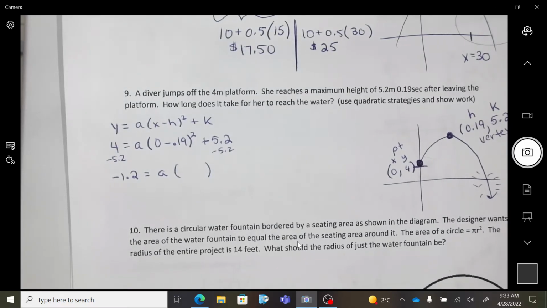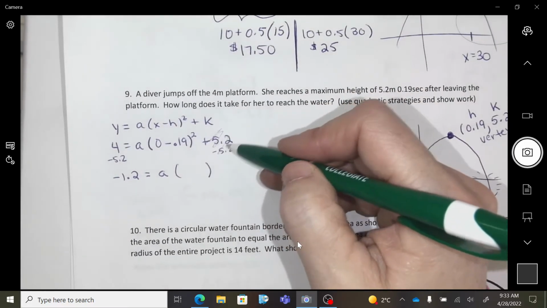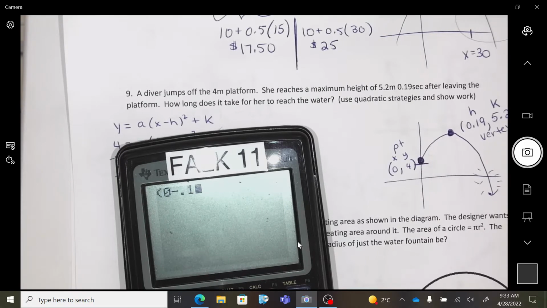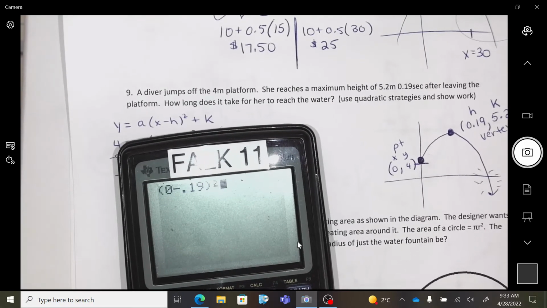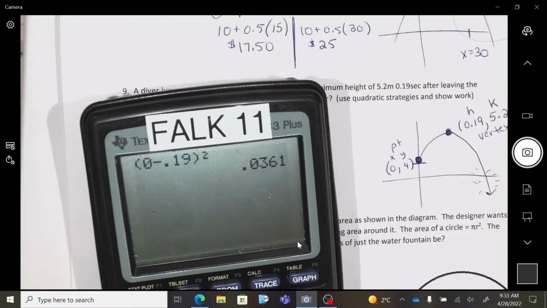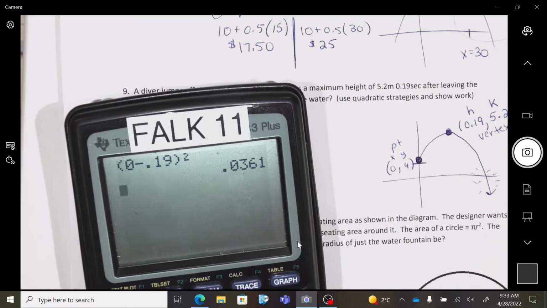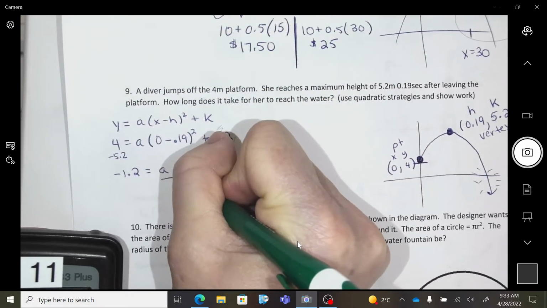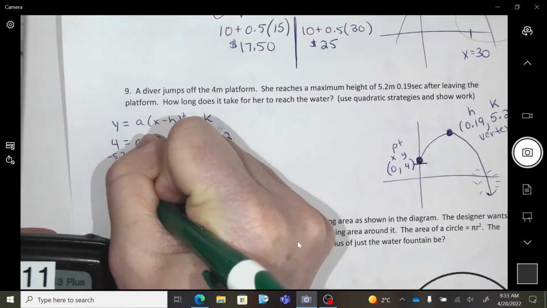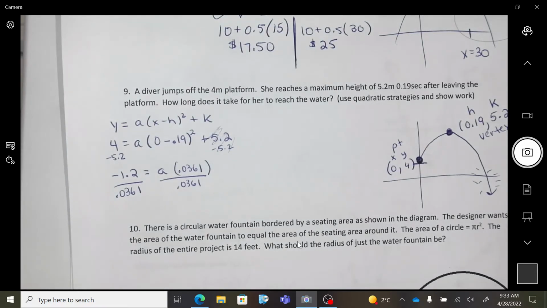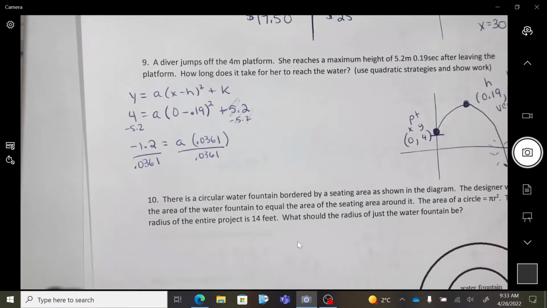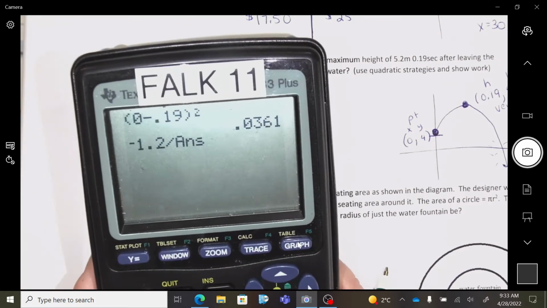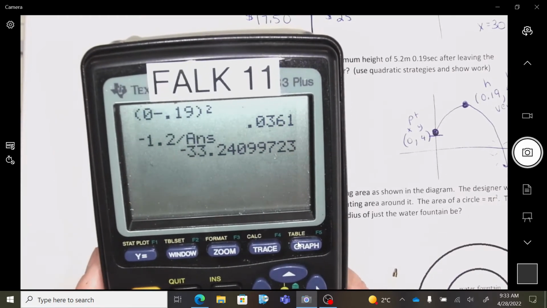So I minus 5.2. Now I'm going to do 0 minus 0.19 squared is 0.0361. Okay, so my A value, negative 1.2 divided by that, is negative 33.24.